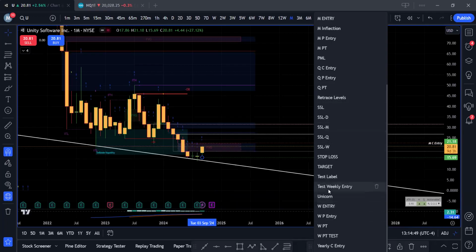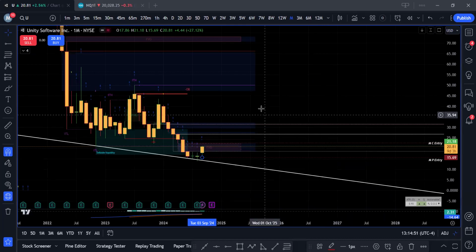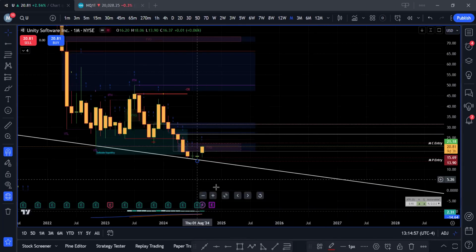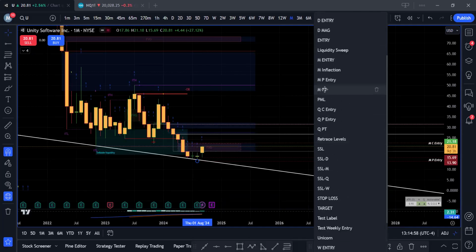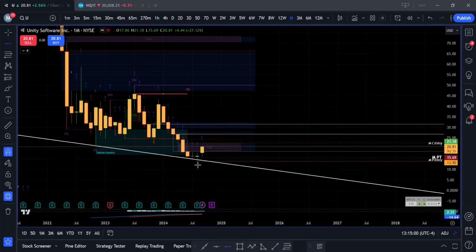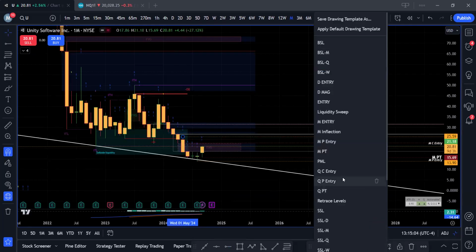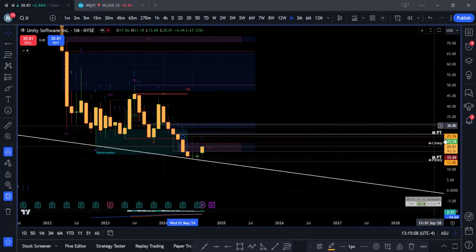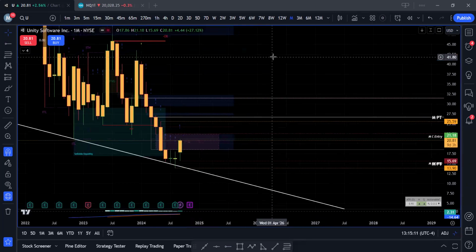Let me change this to monthly, put entry there. And then your monthly target would actually be down here for the downside monthly price target, and then up here to the upside for the next monthly price target. There you go. All right.